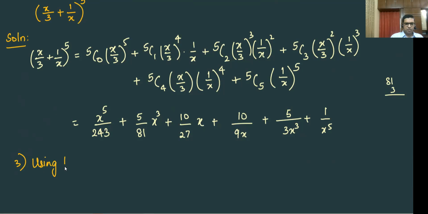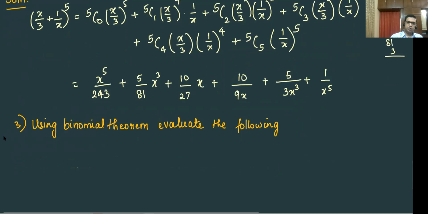Using the binomial theorem, evaluate the following: 96 whole cube, 99 whole power 5.